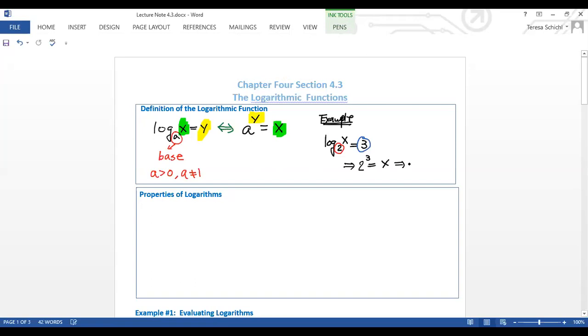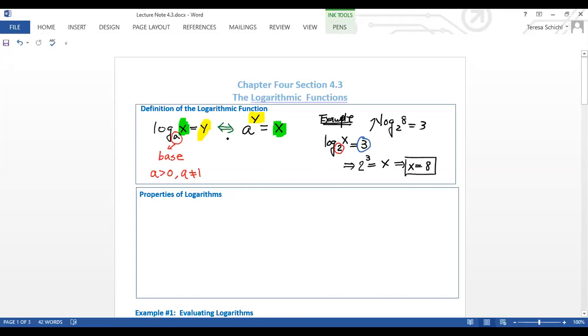What is my x here? x is equal to 8. That means if you rewrite this log function, you will say log base 2 of 8 equals 3. That is how we define the log function. It really is the relation with the exponential function.